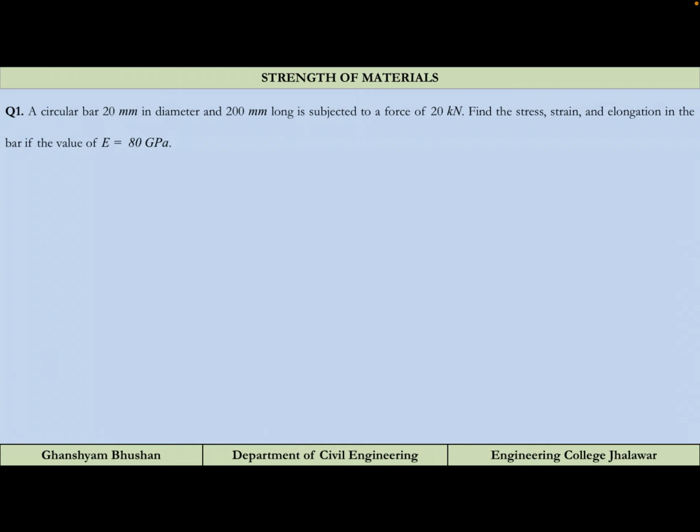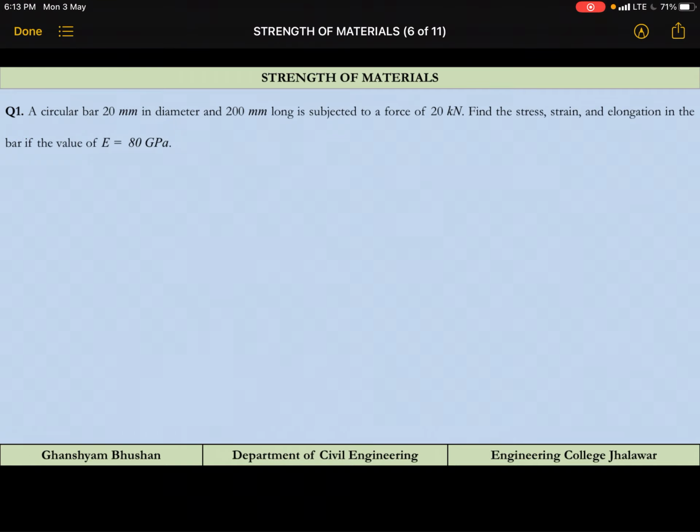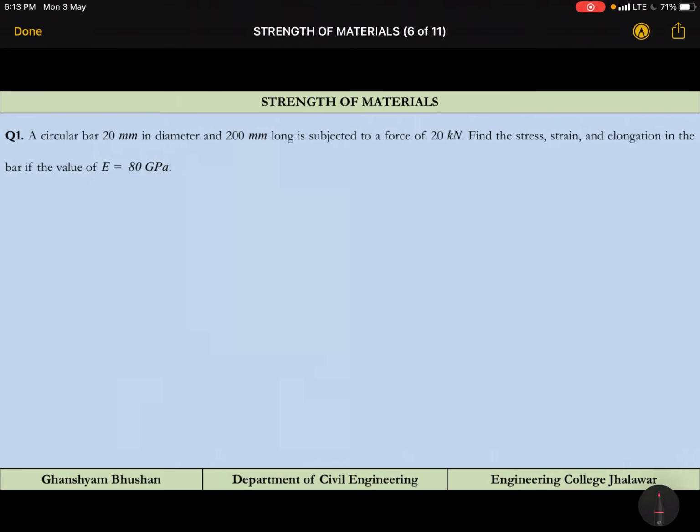Now let us see this problem. A circular bar of 20 mm diameter and 200 mm long is subjected to a force of 20 kilonewton. Clear? So we have to find the stress, strain and elongation in the bar, if the value of E is 80 GPa. I think if E is around 70 to 80 it is aluminum, or we don't care, we have to solve the problem.